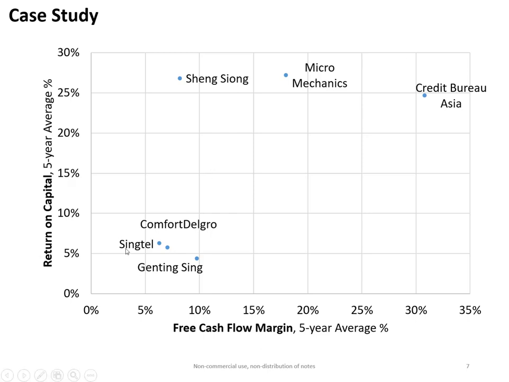On the other side, you have ComfortDelGro, Singtel, Genting. They have very low return on capital. This is the 5-year average. Very low return on capital and low free cash flow margin.